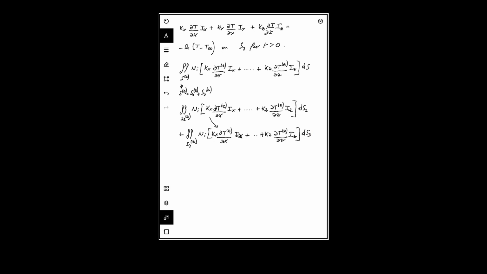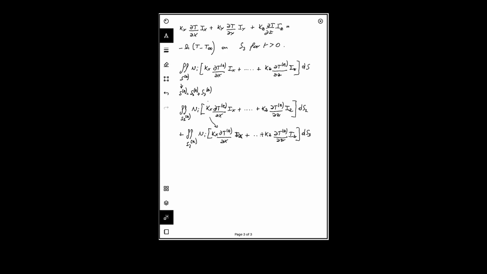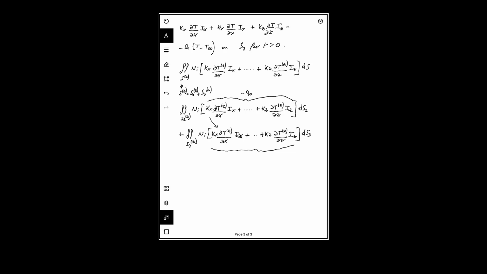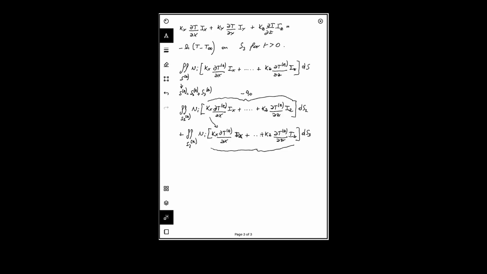We can see that this term is equal to minus q0. So this term on S2 is minus q0. This term is equal to minus h (Te minus T infinite). So we can rewrite the second integral.